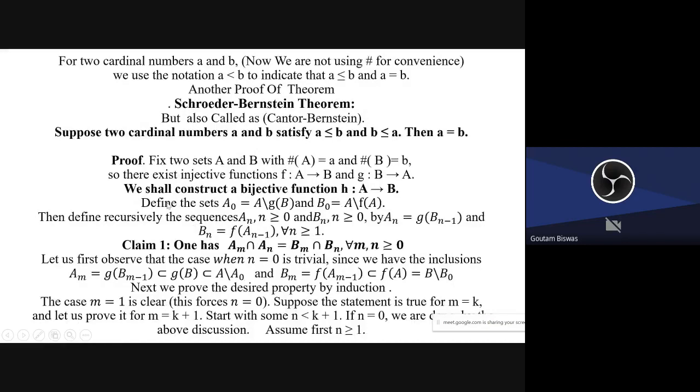But Bk plus 1 intersection Bn is equal to this intersection this, then by the rule of the set it is also phi. So these two sets are equal. So we are done. That means this claim is proved. Claim 1 is proved.